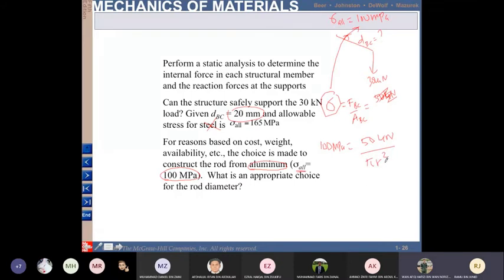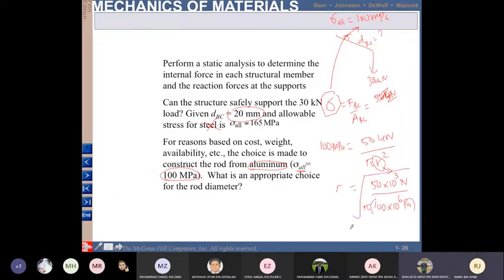You already know it's equal to 50 kilonewton, and this area is equal to pi r square. So this is what you want to find in this question. So you get r equal to 50 times 10 to the power of 3 Newton over 100 times 10 to the power of 6 Pa times pi, and then set.